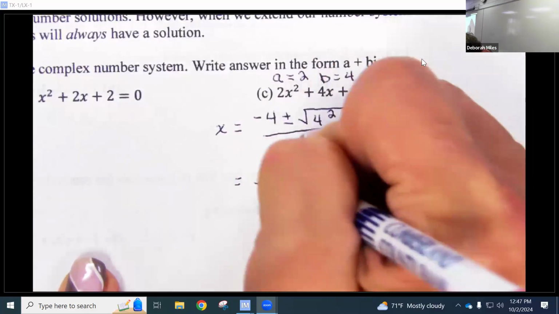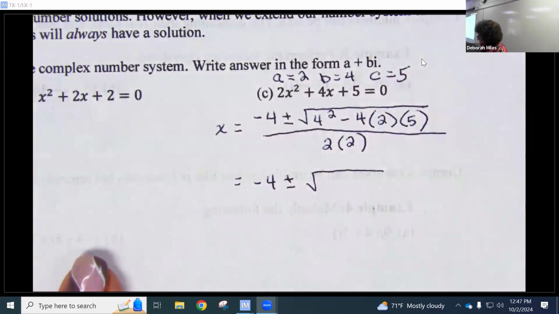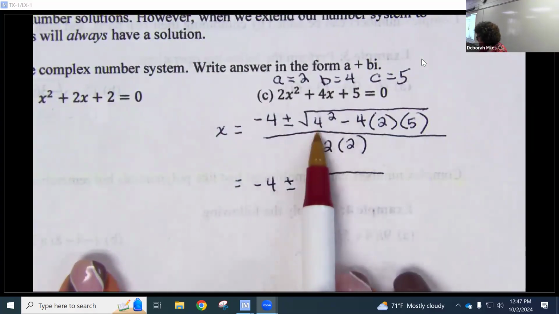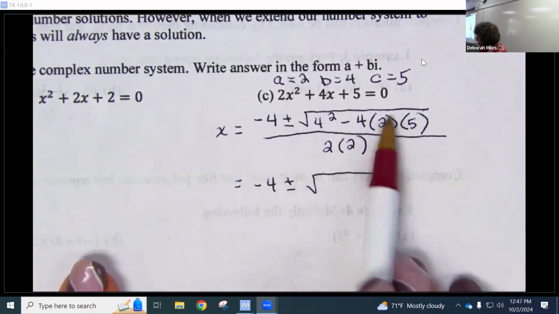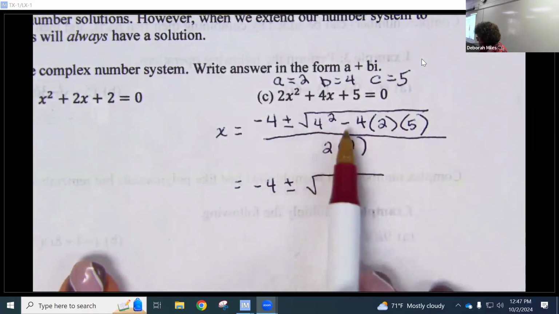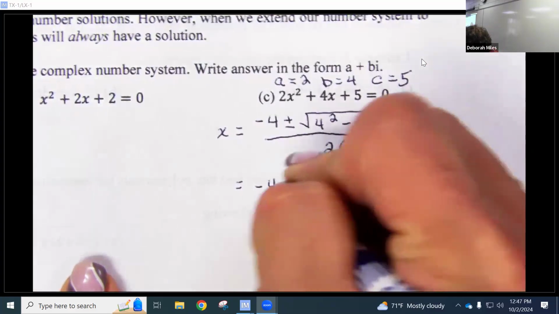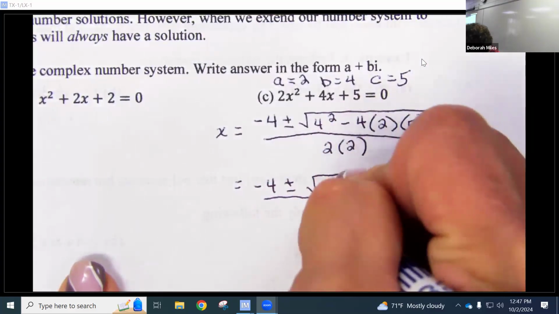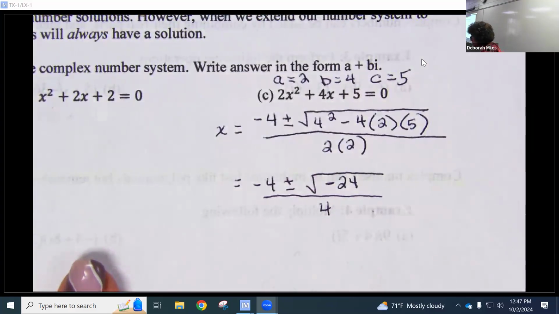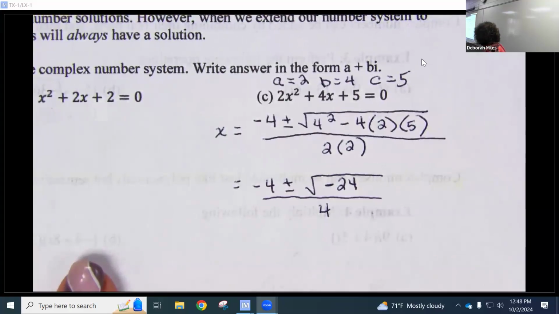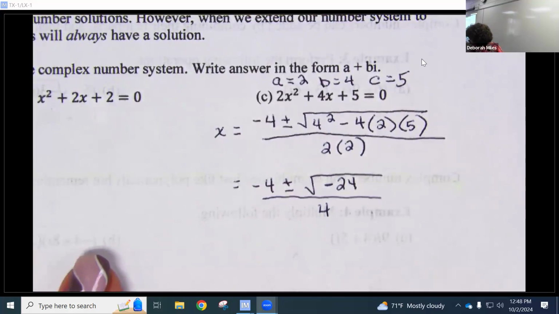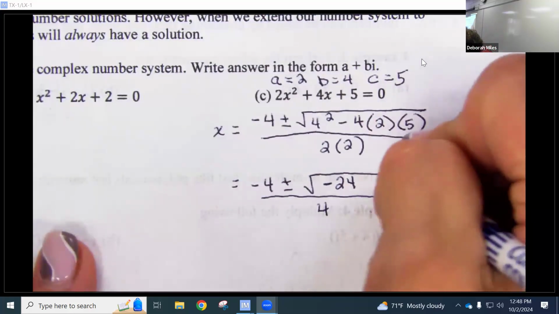-4 plus or minus the square root of, all of a sudden I have 16 minus 40. 16 minus 40 is -24. What do I know about this answer all of a sudden? It's not a real number, but I can write it in terms of i, and that's what I'm asked to do.